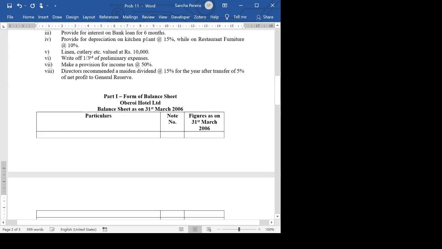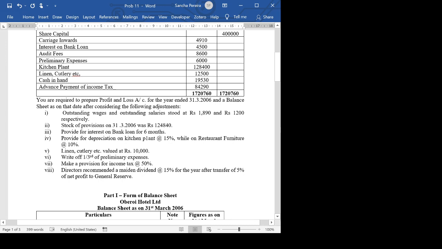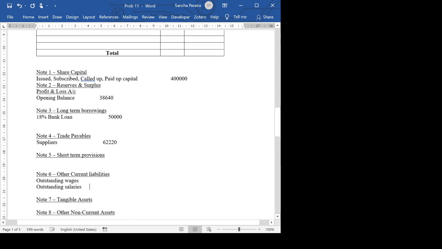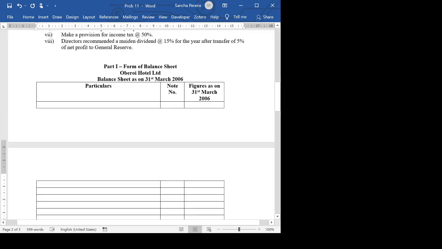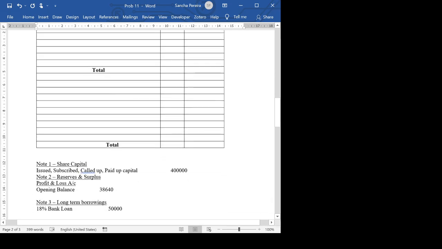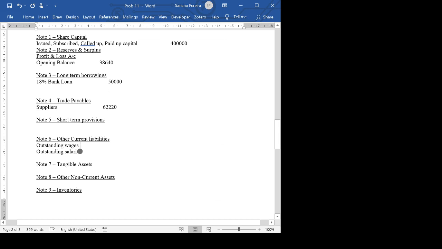Outstanding wages and outstanding salaries are here, 1890 and 1200. So the total of this comes to 3090.